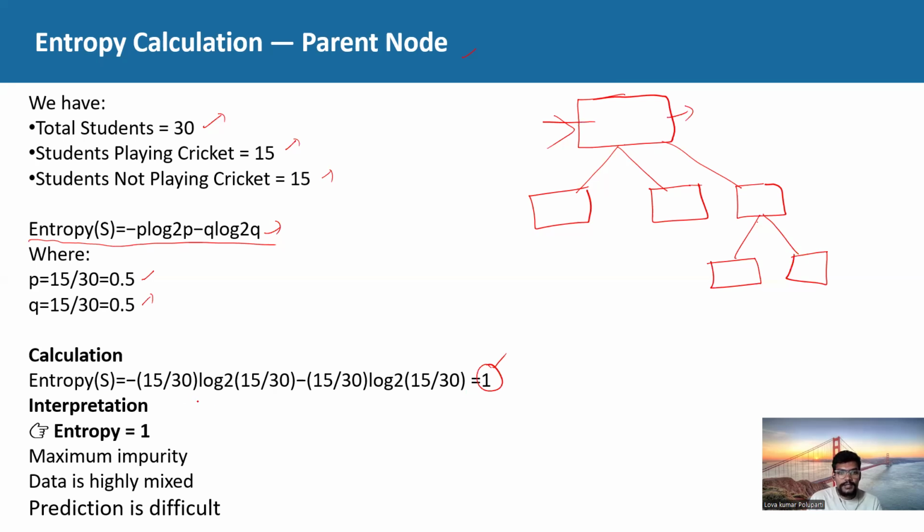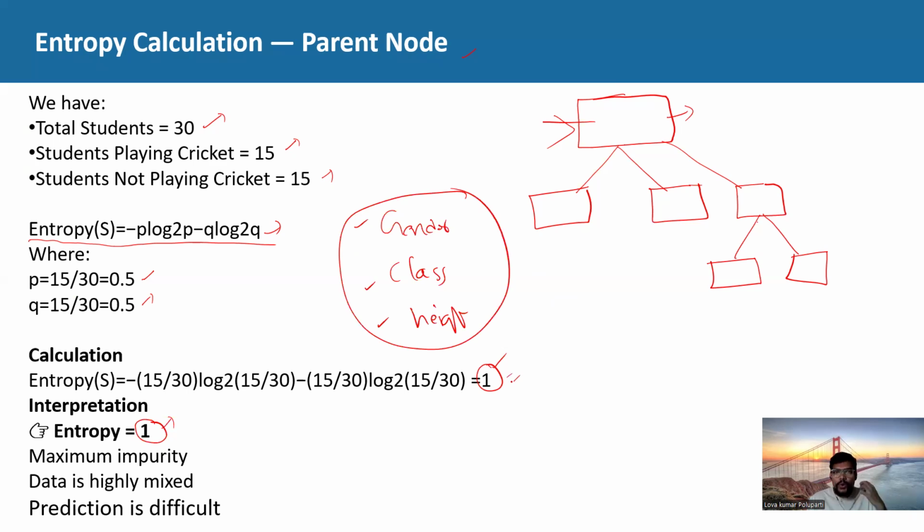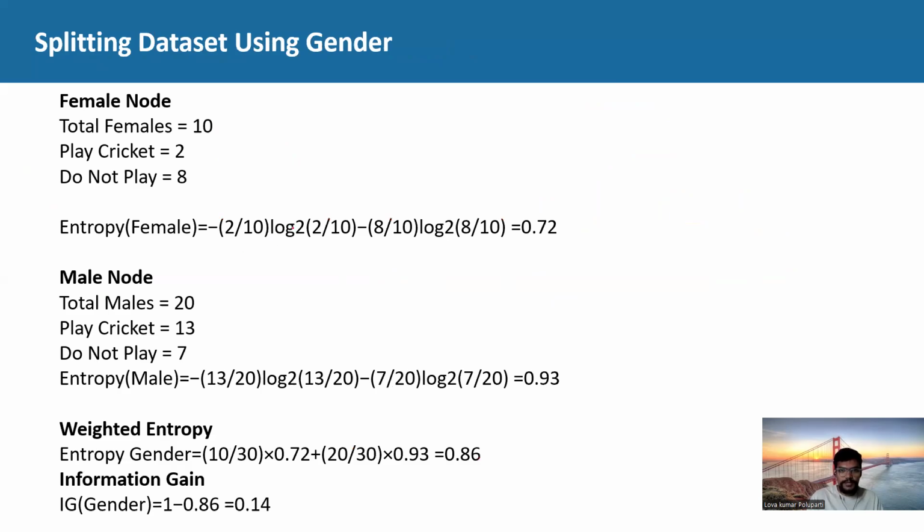You can take a calculator and you will get 1 here. But this 1 creates a lot of confusion, because it has all the classes: gender data, class data, and height data also. So because of this mixed up data, you get 1 and you have a lot of impurity. Let's see how the entropy looks in the child node. Remember that value, that is 1.